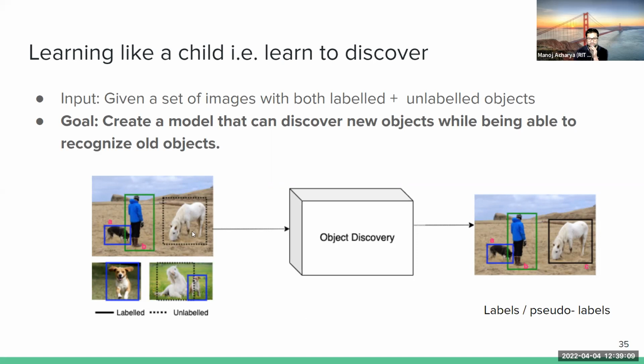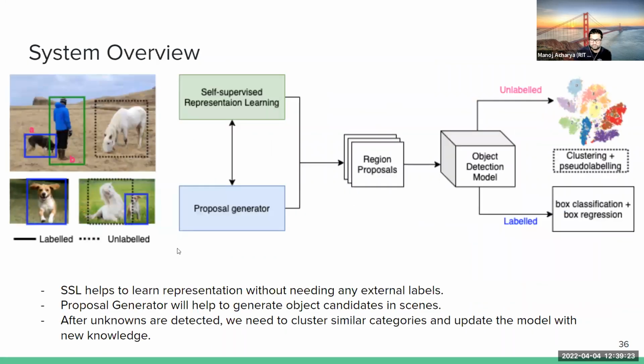Here, horse is unlabeled, so you want to discover that horse is a new category, but also not forget what it has learned previously, classes A and B. Again, this is ongoing work. Some of the components we are still trying to figure out, but I just wanted to give a high-level overview of our pipeline.